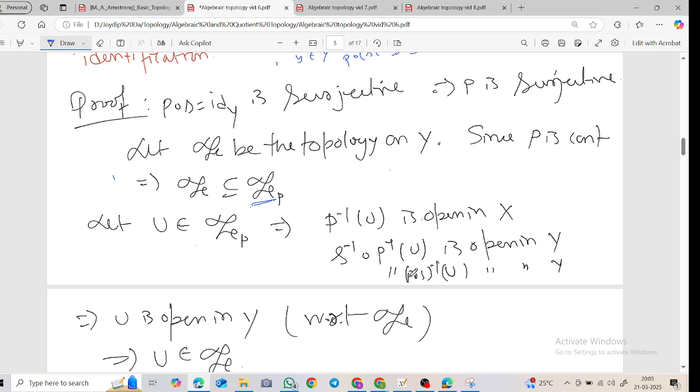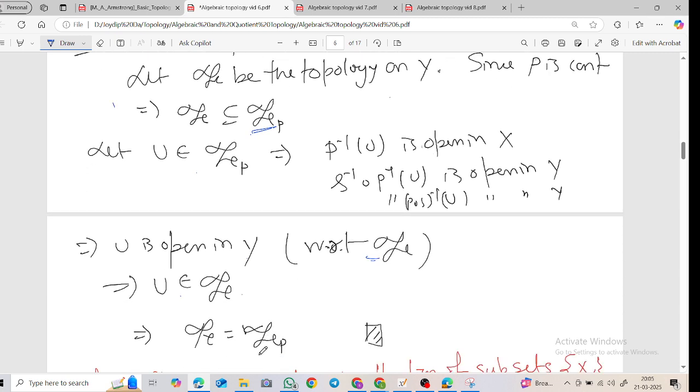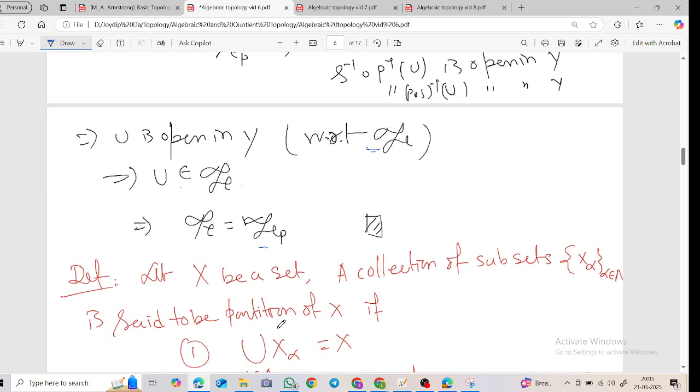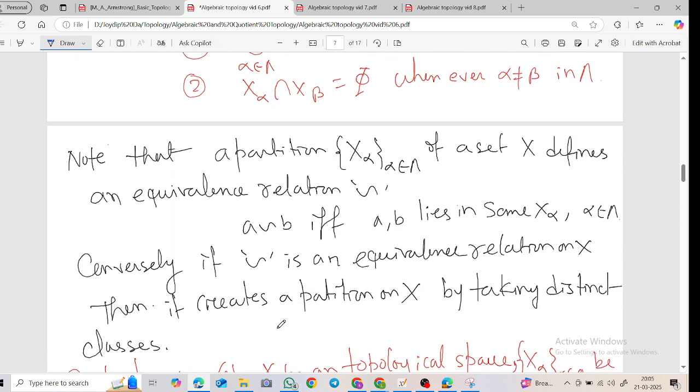That is nothing but (P compose S) inverse of U, which is open in Y. Now P compose S was identity, so U is open in Y with respect to F. So you see U is inside F, so F is equal to F_P. Hence the proof.